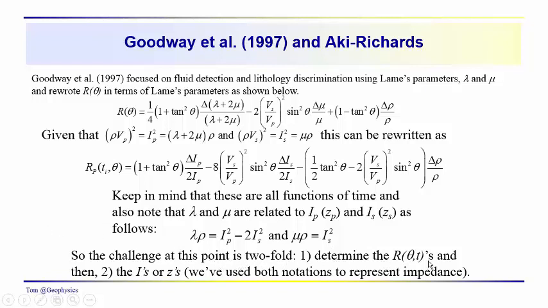We need to determine the R of theta and t's, and then once we determine what the R's are, we should be able to determine what the impedances are, because as we've talked about previously, we know what the relationships of impedances are to the reflectivity.